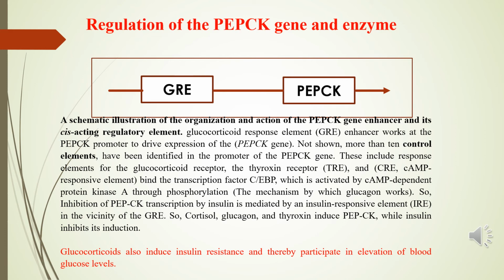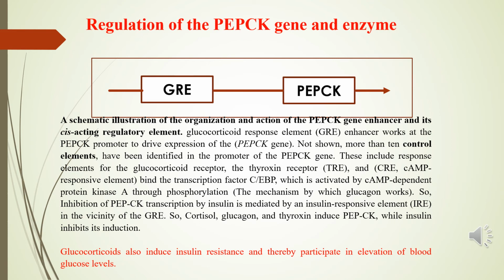As you know, glucagon, epinephrine, cortisol, thyroid hormone, and growth hormones are all important inducers and activators of gluconeogenesis during periods of stress and growth.